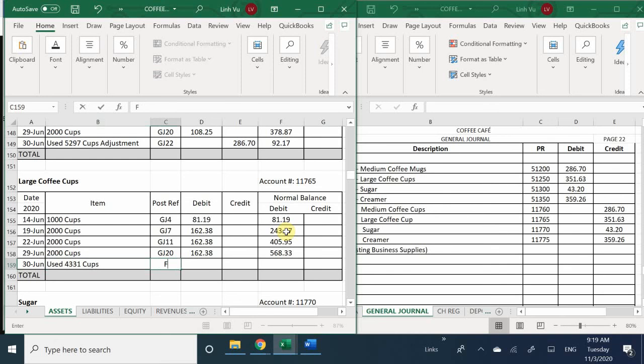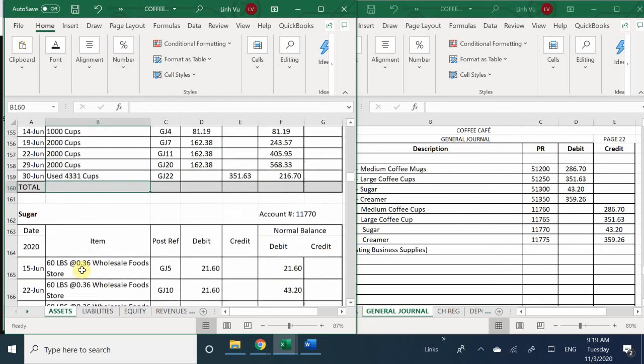Right, GJ 22, 351.63. Bringing the total to 1670. You said 216.70? Yes. Perfect.